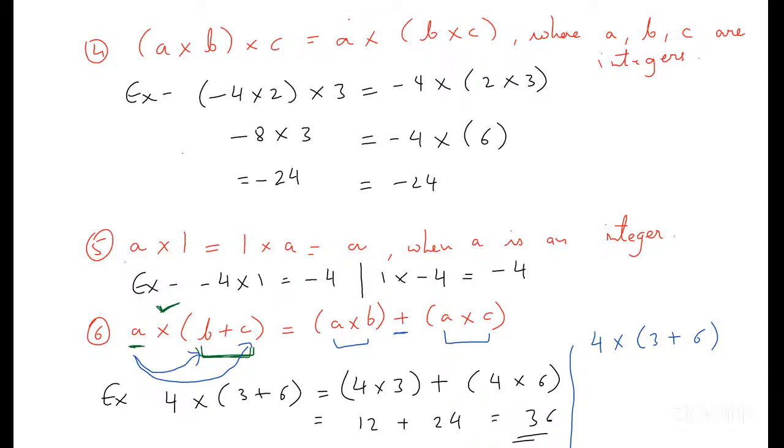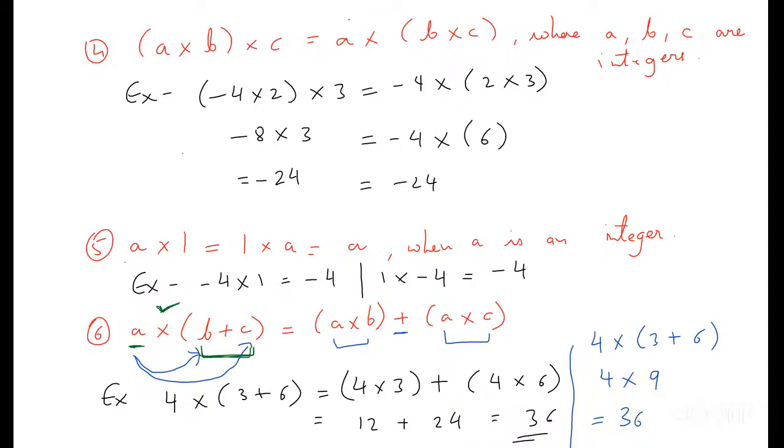So 3 plus 6 is 9. Multiply: 9 fours are 36. Both methods are valid. You can use any method. Same answer you will get.